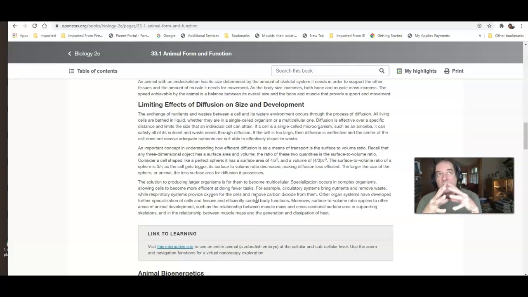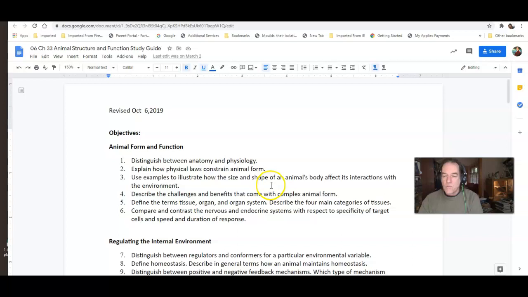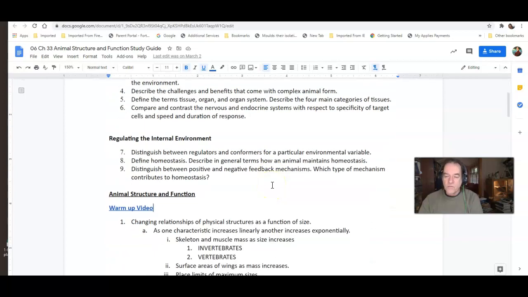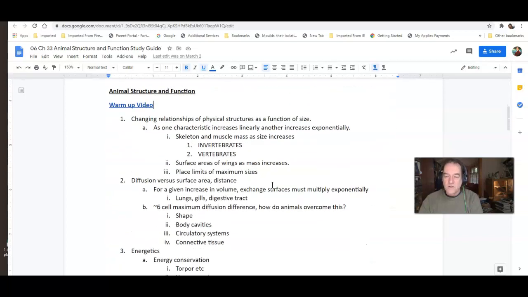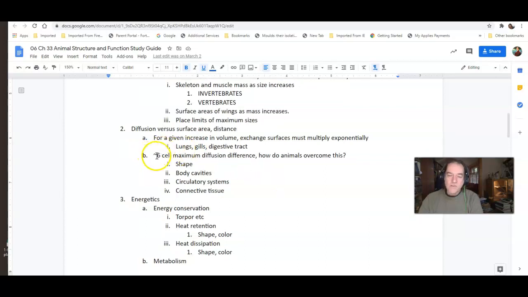So as that animal gets bigger and bigger, what you've got to do is keep the distance between the individual cells making up that animal and some surface that's connected to the outside world down within a certain limit. And if you look at the study guide, I quote, this is a rule of thumb. There's lots of variation to this idea right here. But typically a cell needs to be no more than about 6 cells away from a surface where diffusion can occur.